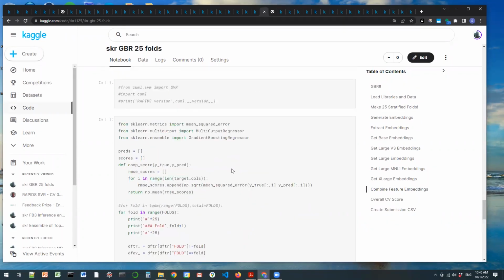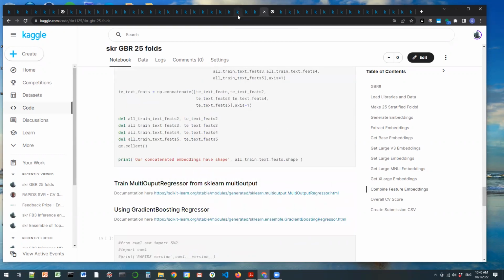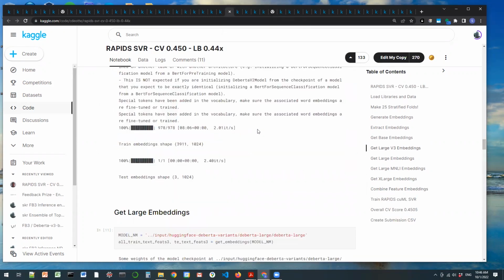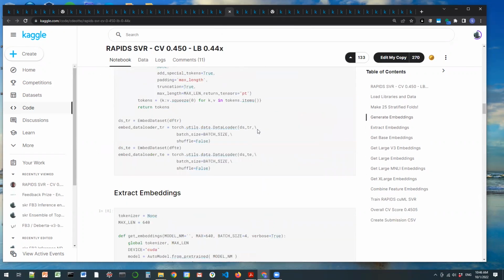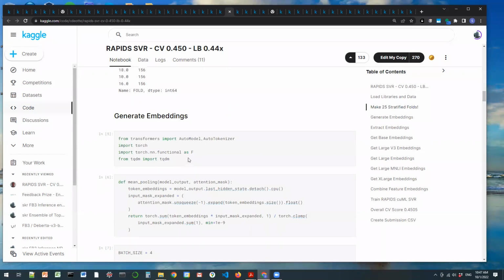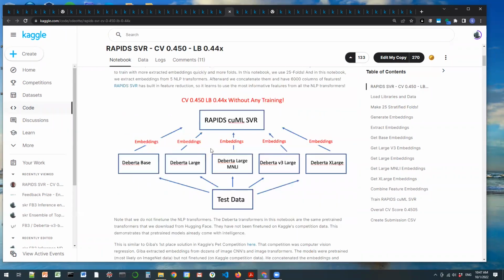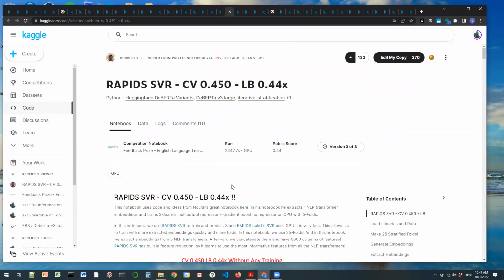The reason I use this approach is, interestingly, if you look at this guy's notebook, he took the idea of ensembling the embeddings from this notebook.